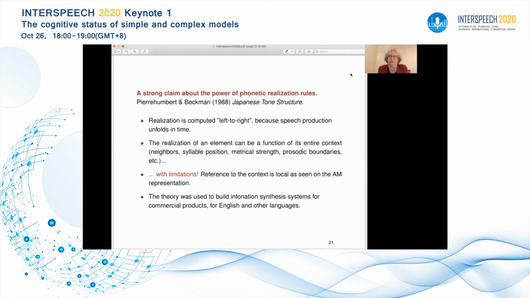That is, the reference to the context is local, as seen on the autosegmental metrical representation. And this theory was used to build intonation synthesis systems for commercial products for English and other languages.